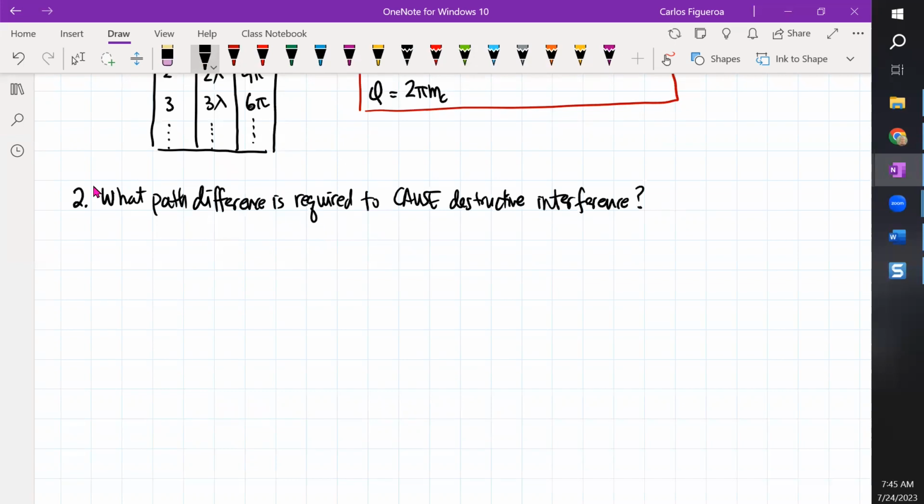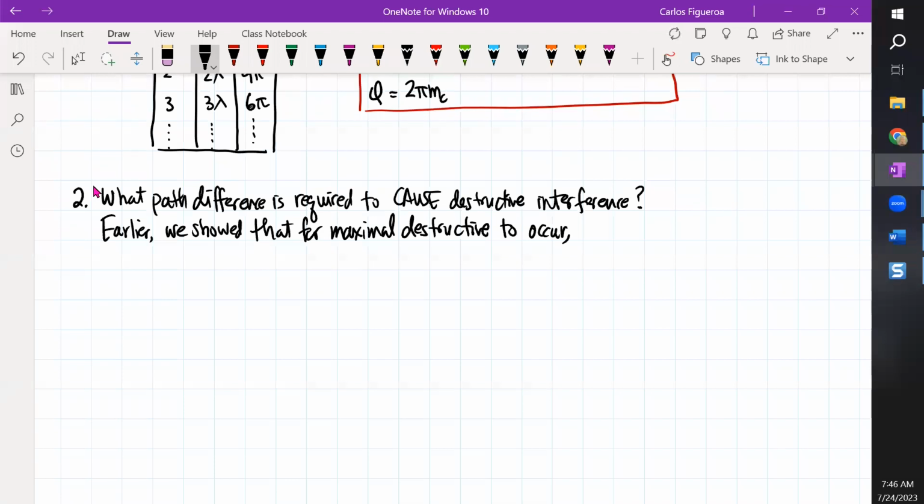So just as we did above, earlier we showed that for maximal destructive interference to occur, the phase had to be odd multiples of pi.